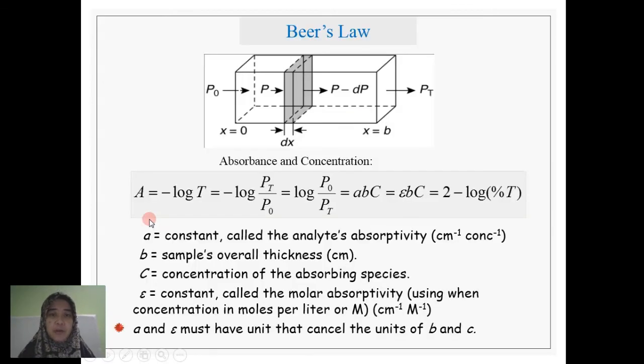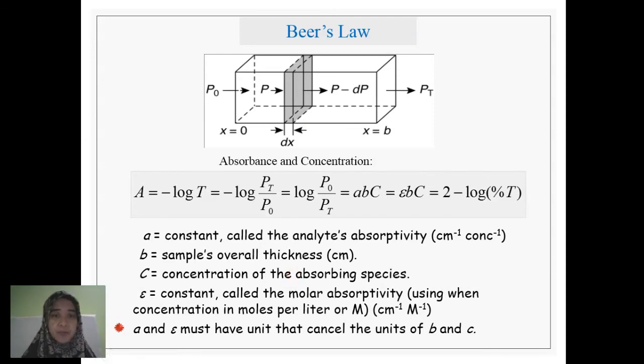Next we learn about Beer's law. So what is Beer's law? Beer's law is the law used in spectrometry. It shows the relation between the analyte absorptivity, the sample thickness, which means the width of the sample container, and the concentration of the analyte.